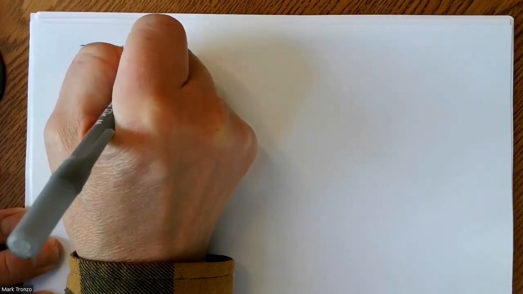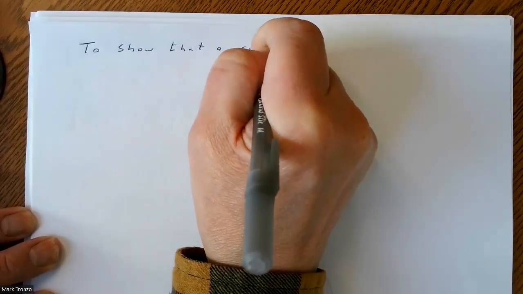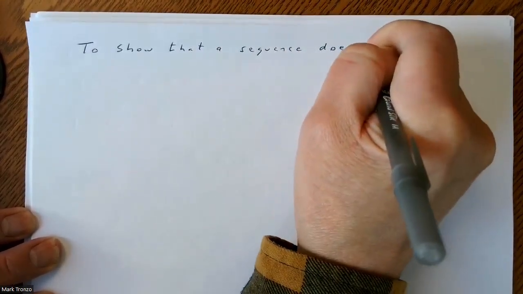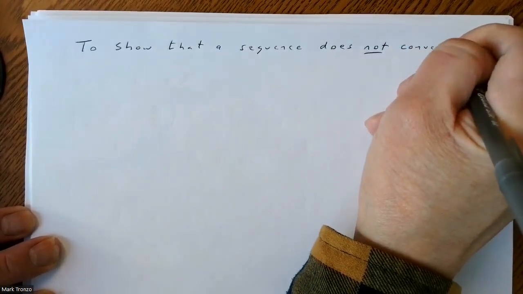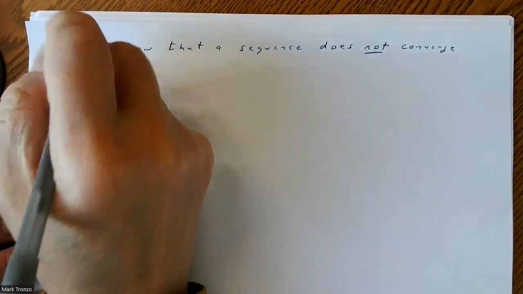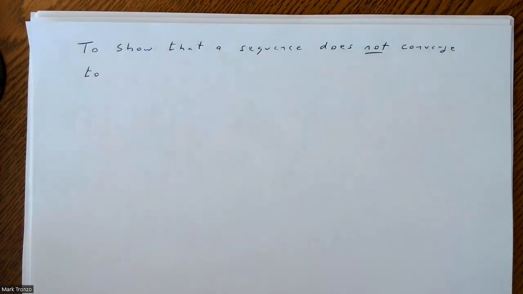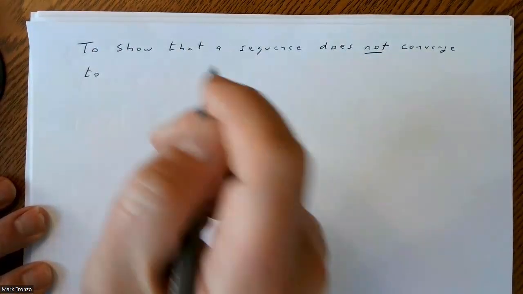Now, with sequences, to show that a sequence does not converge, if you want to prove it formally, a lot of times you can just prove that it does not converge to a particular value.